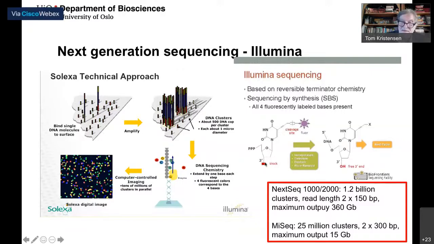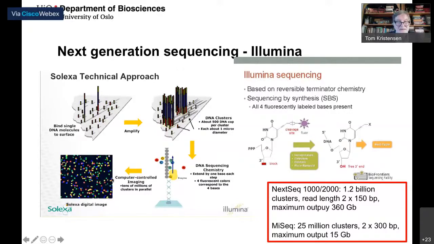In addition, the 3' hydroxyl group of the deoxyribose has been blocked, so that once a nucleotide like this has been incorporated in a polymerase reaction, the process cannot continue, because we can't add a new nucleotide to this one, since the receiving hydroxyl group has been blocked. Which means that in this process, we incorporate one nucleotide for all these millions of clusters which we have on the substrate.